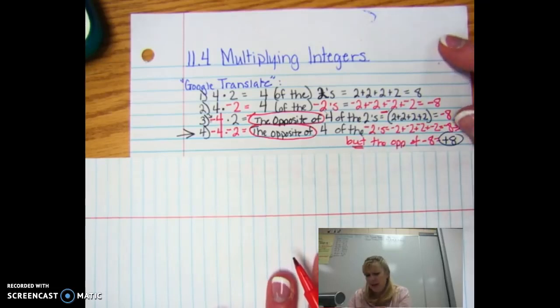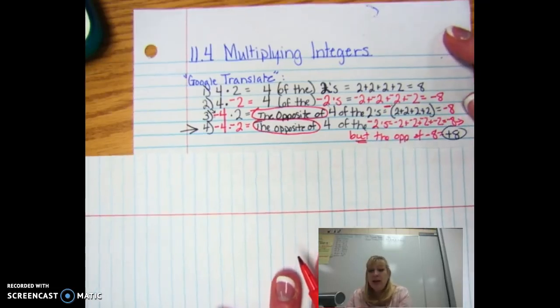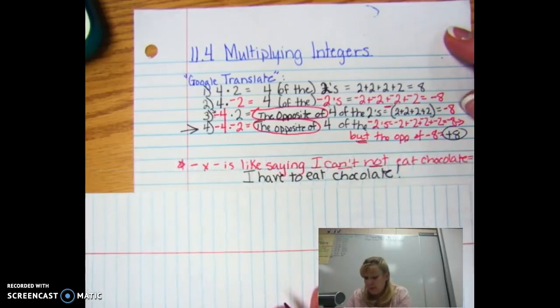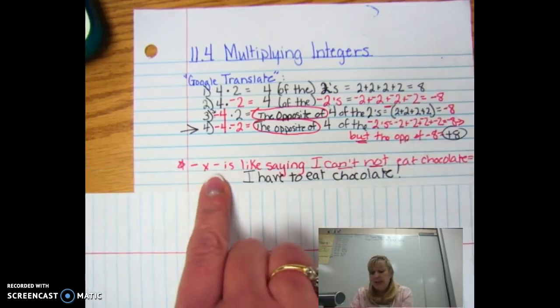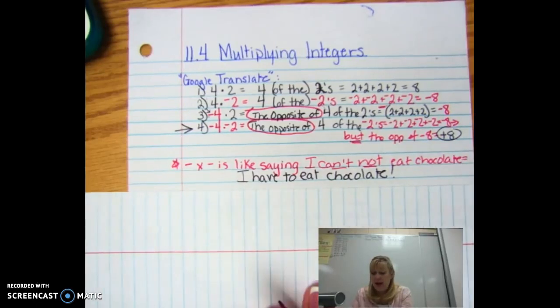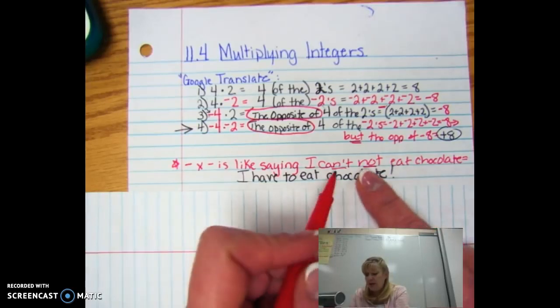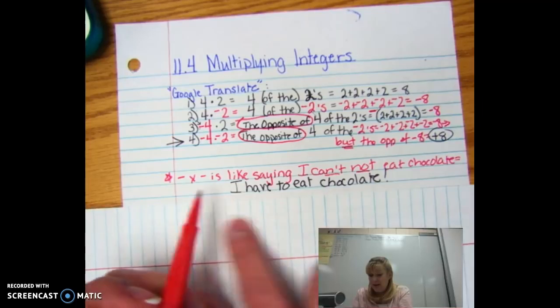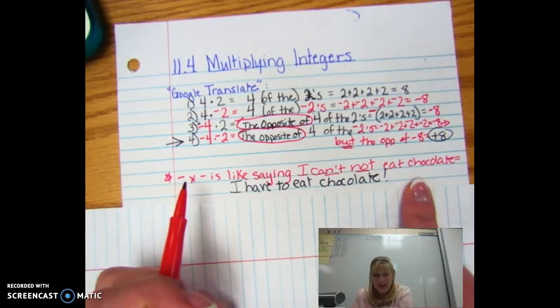What just happened there? Let me explain it in terms of chocolate, because this makes it all understandable. A negative times a negative is like saying, I can't not eat chocolate. Notice that these 2 negatives end up meaning I have to eat chocolate.